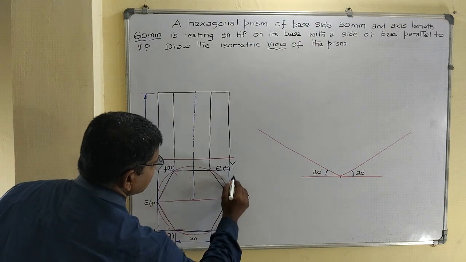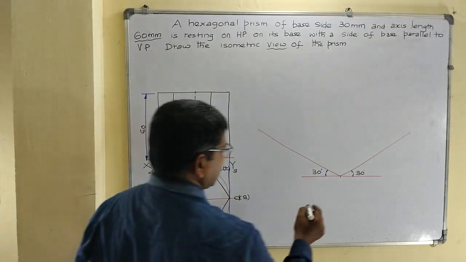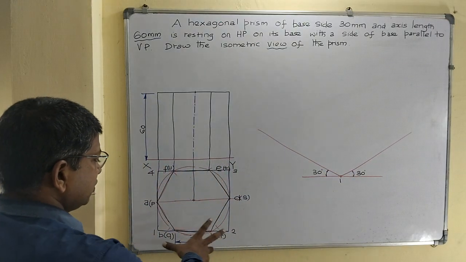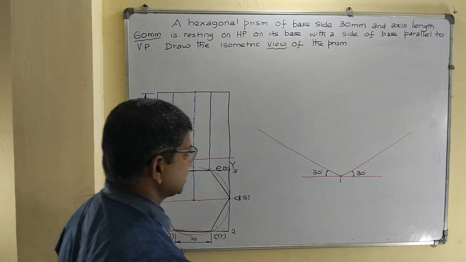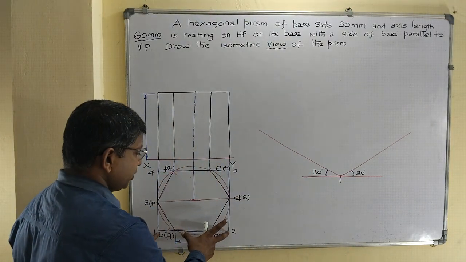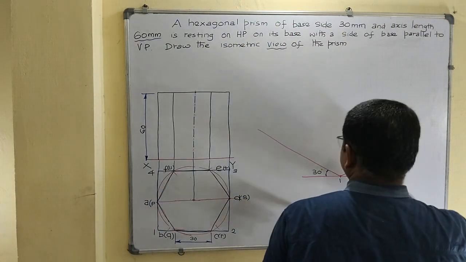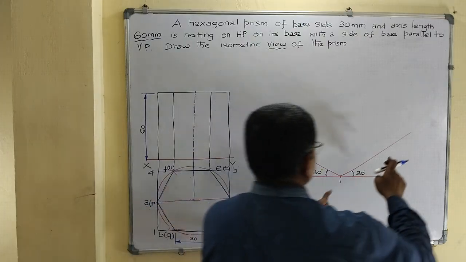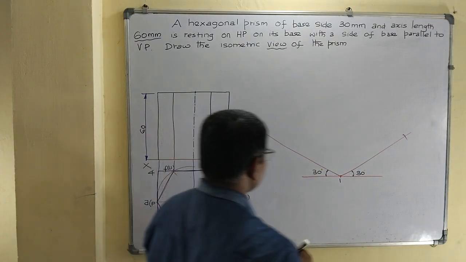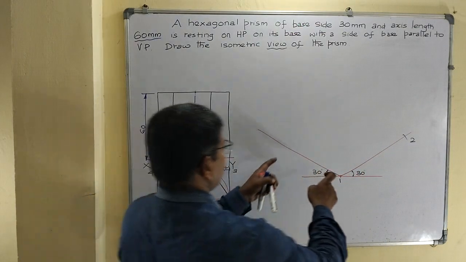Name them 1, 2, 3, 4. The intersecting point of the two isometric axes is taken as 1. Now measure the distance 1 to 2 using the compass, take it as radius, and draw the arc. Similarly, take the 1 to 4 distance as radius, draw the arc, and mark the point 4.